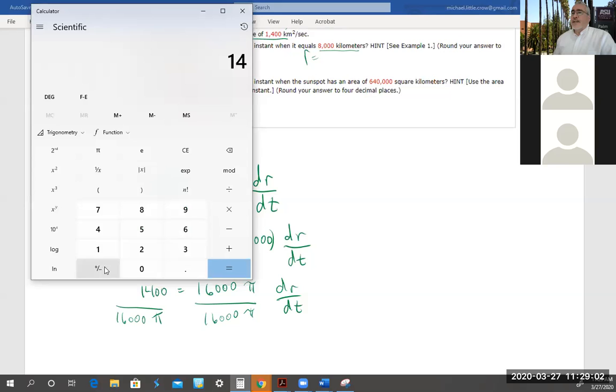So 1400 divided by, actually, 1400 divided by parentheses 16,000 times pi.